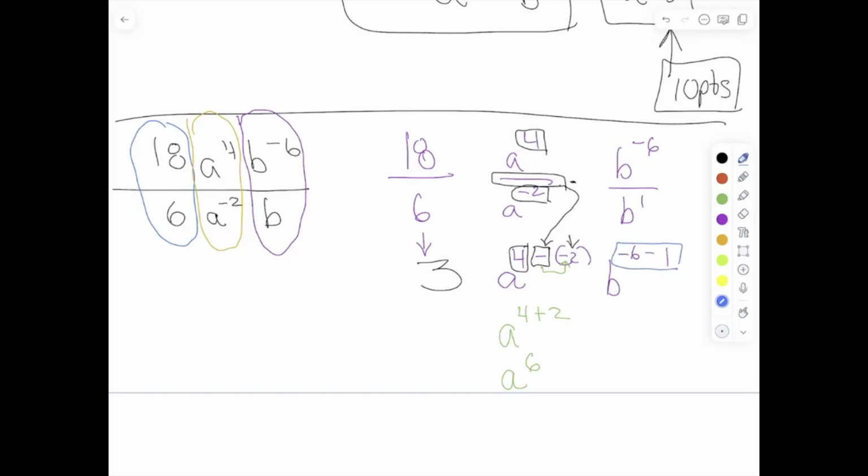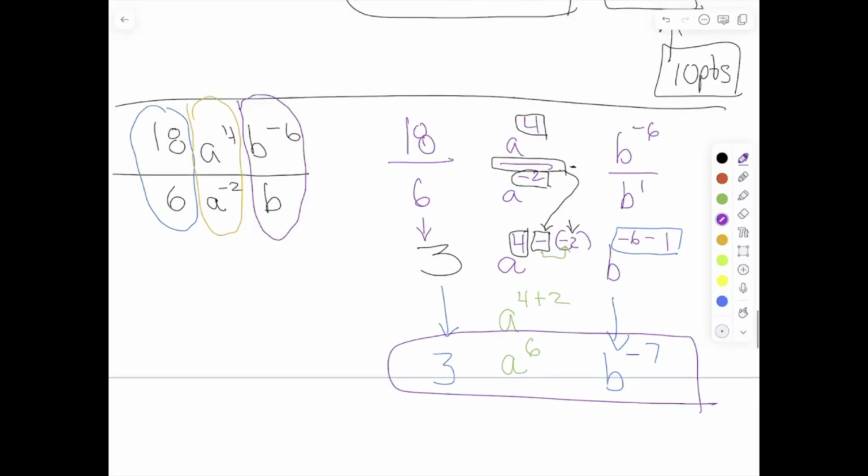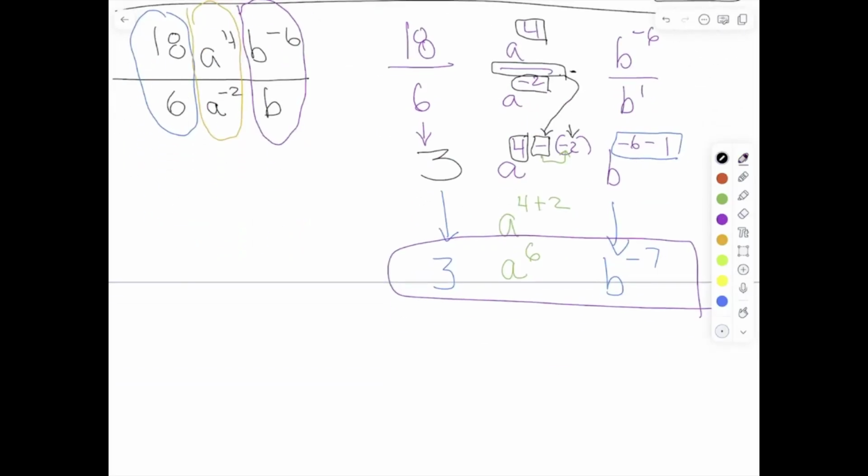So now here we are adding. Since we're not changing the signs there, this is going to become b to the negative 7. And then I bring this down and I have a 3. So I have my final answer here, but it's not finalized, right? Because I've got to do some more stuff to it. So I have 3a to the 6, b to the negative 7.